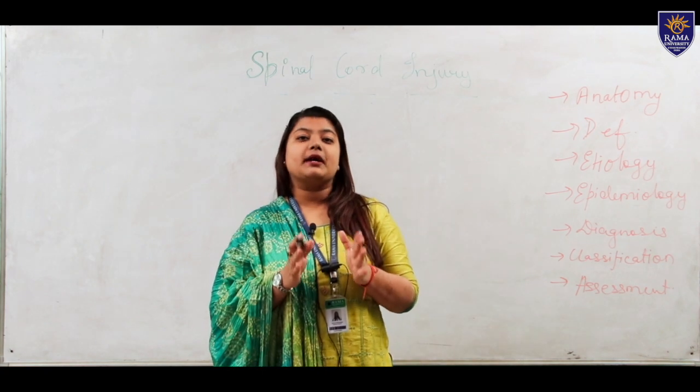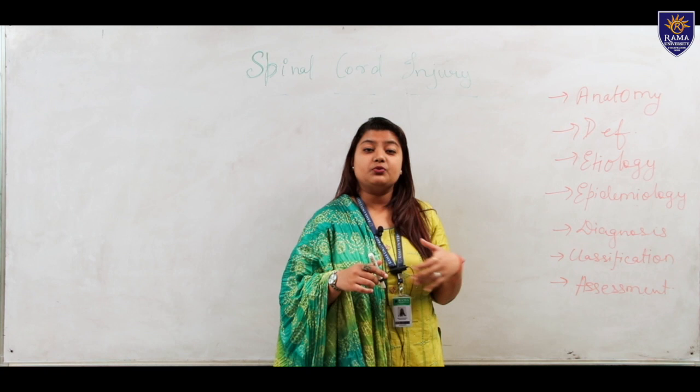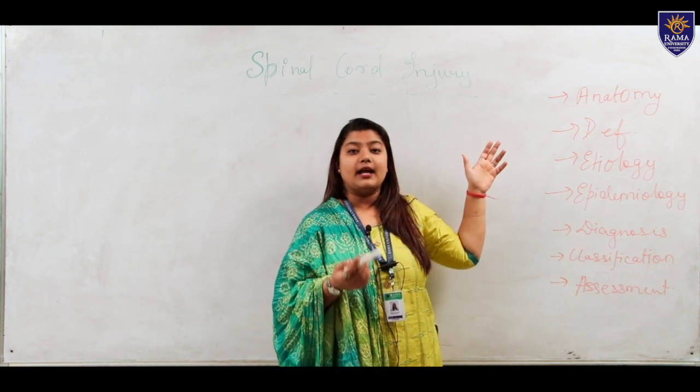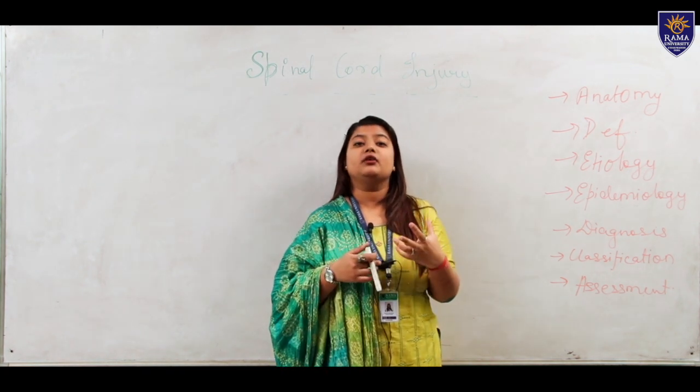Before starting with spinal cord injury in specific, we will look at the salient points which we will be discussing in this lecture. Firstly, we will discuss the anatomy of the spinal cord, then the definition of what spinal cord injury means.